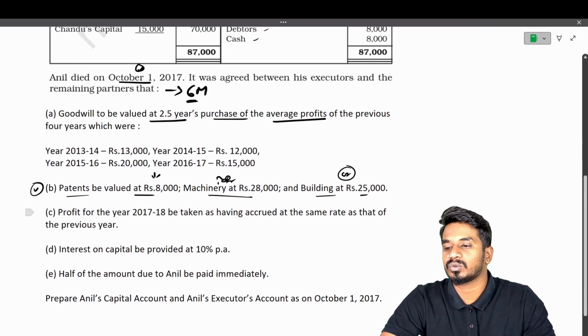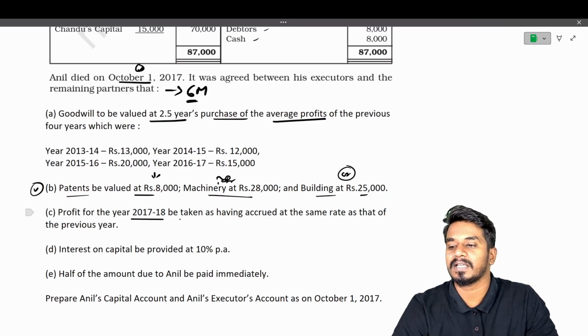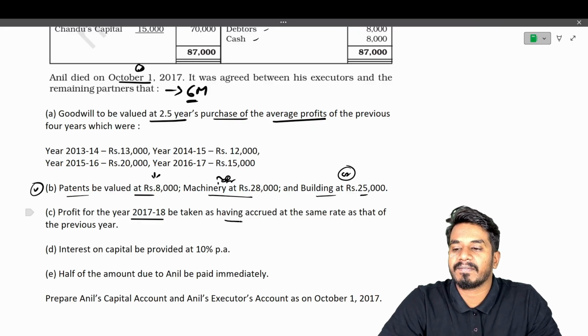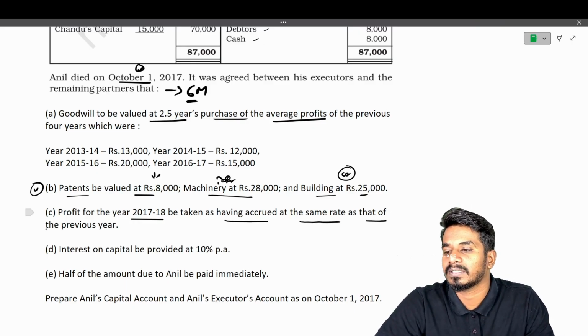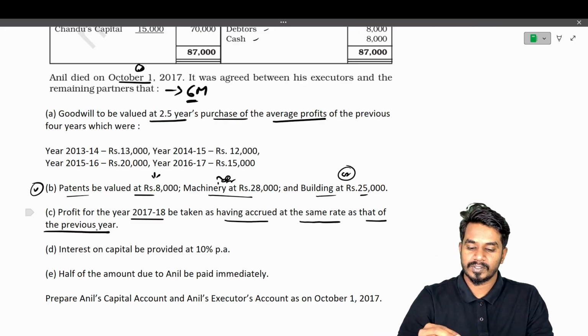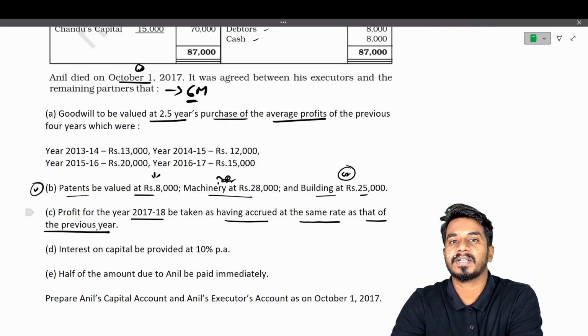Profit for the year 2017-18. For the current year, they are saying profit be taken as having accrued at the same rate as that of the previous year, which means the same profit as the previous year.